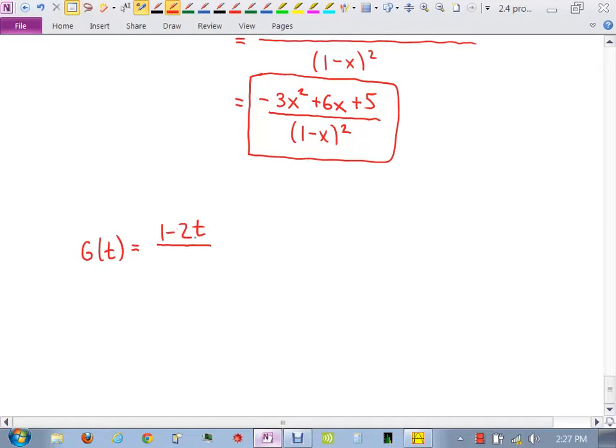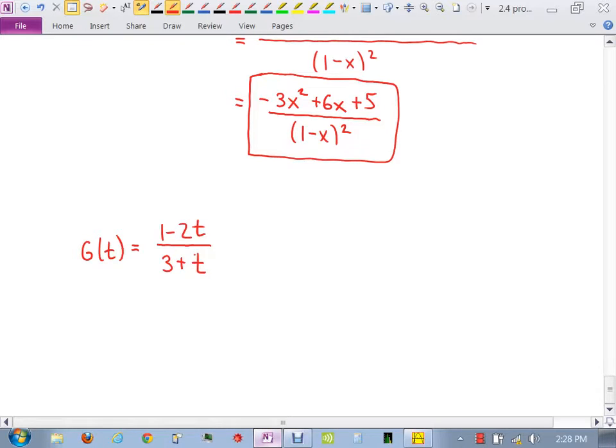This wasn't the one we voted on, but this is the one we did. Someone did ask about this, right? This was number 25 from 2.2. And we had to find the derivative of that using the definition, and we came up with an answer, which we'll look back at in a second.